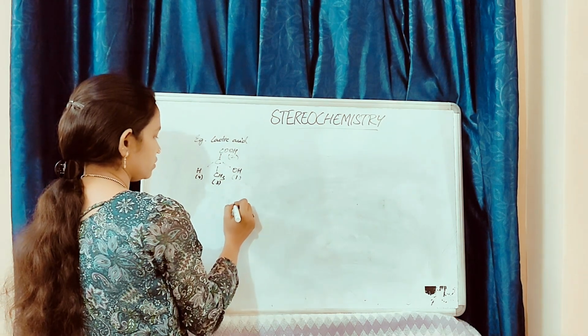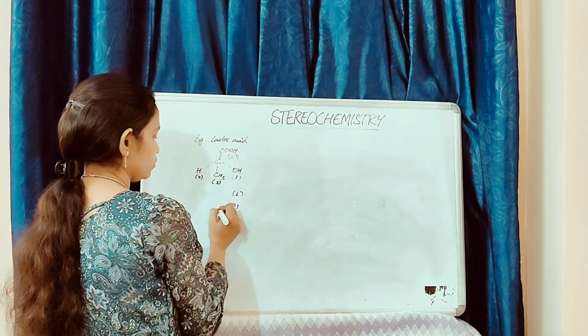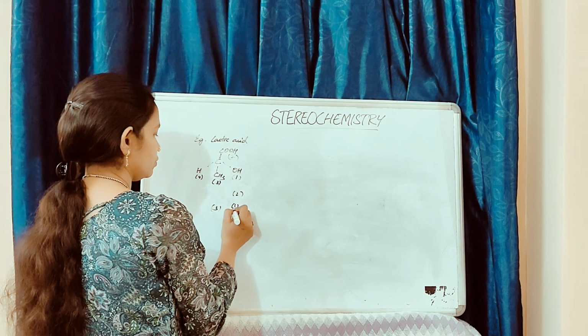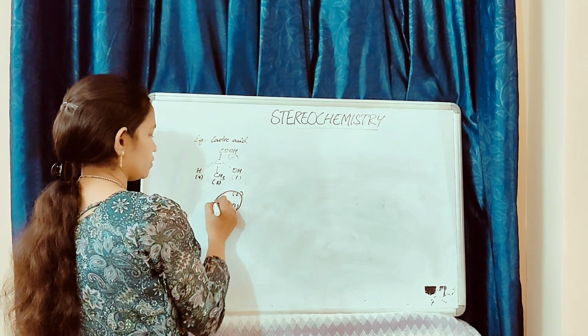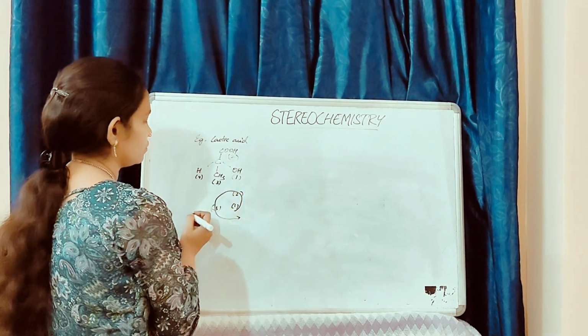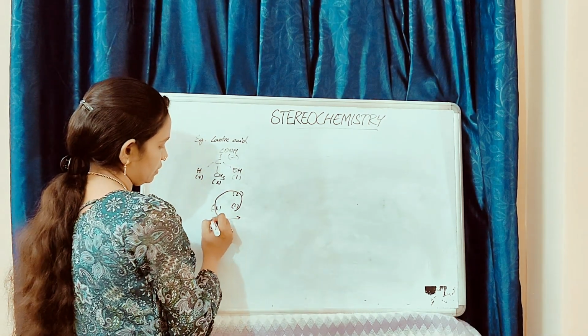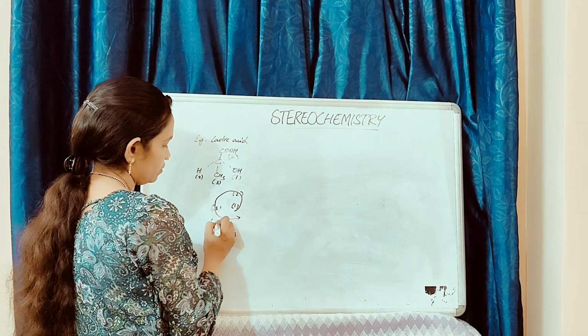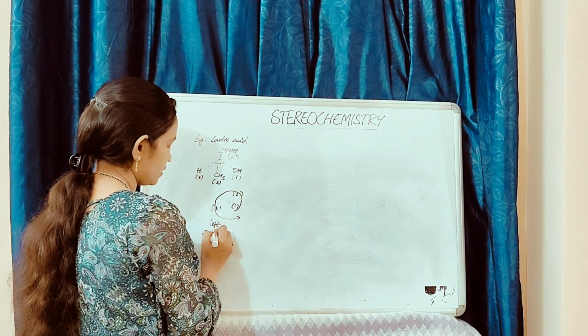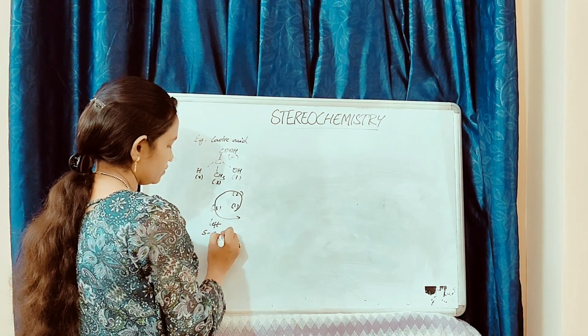If the order is 1, 2, 3, right? So now this is towards left, right? So it is S lactic acid.